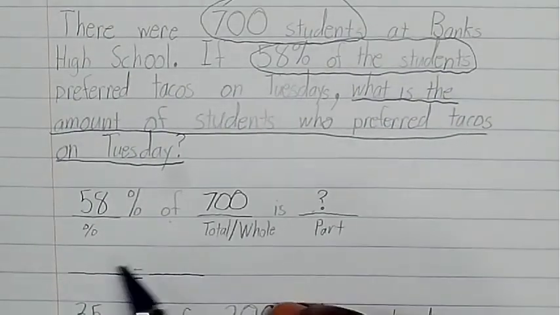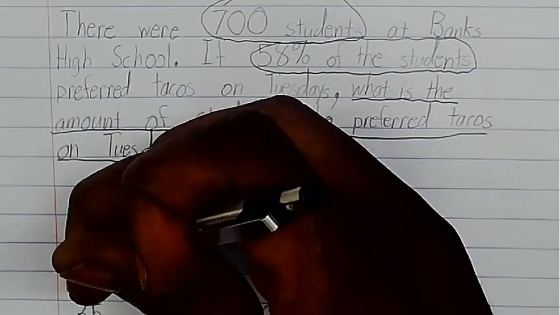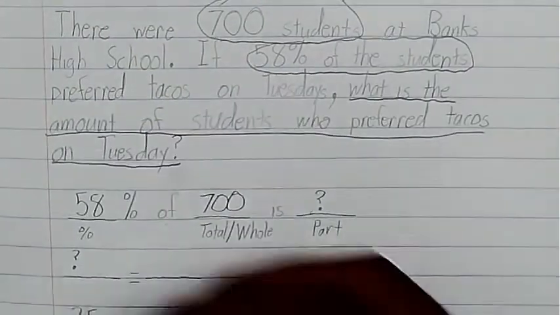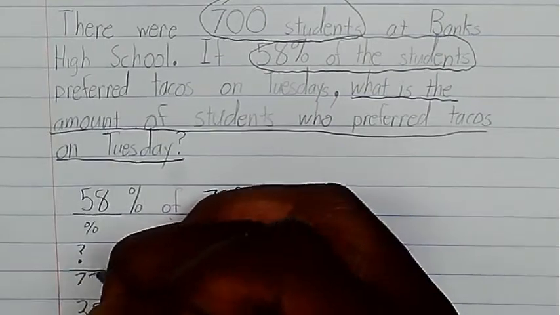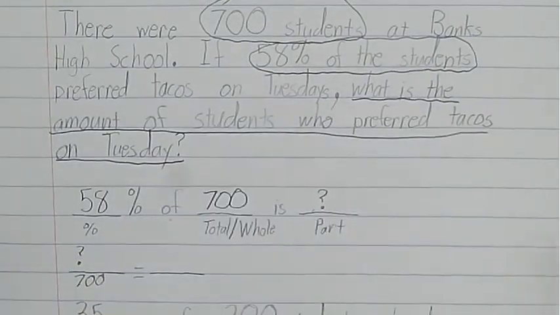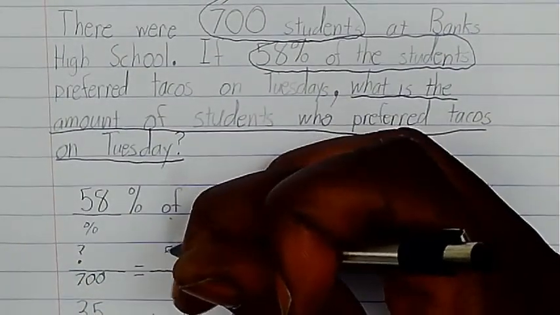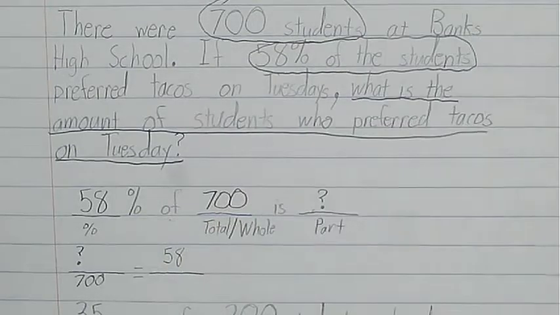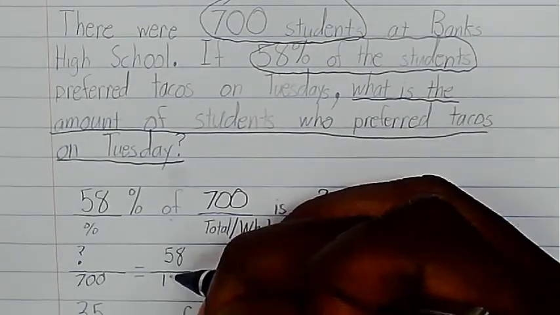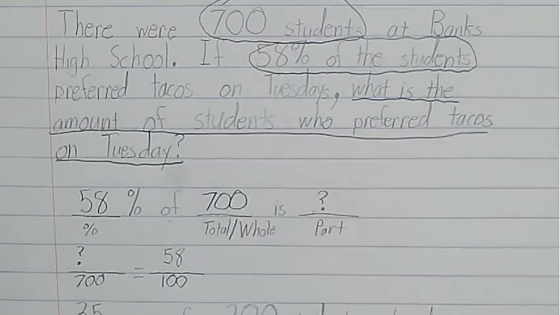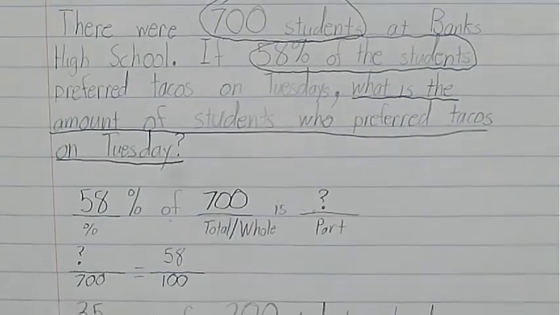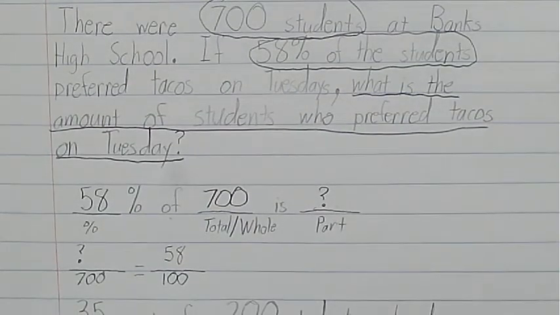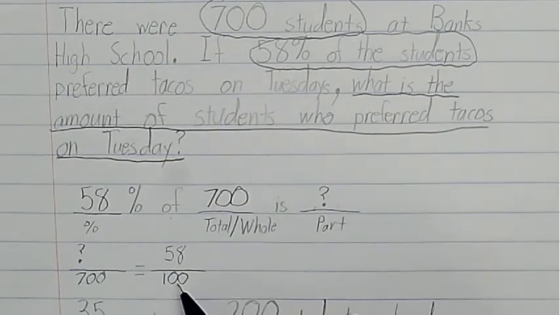Now we're going to set this up using the proportion. We have part, which we don't know, over total, which is 700, equals percent, 58 over 100. Alright, so now we first look to see if there is a relationship between 700 and 100.